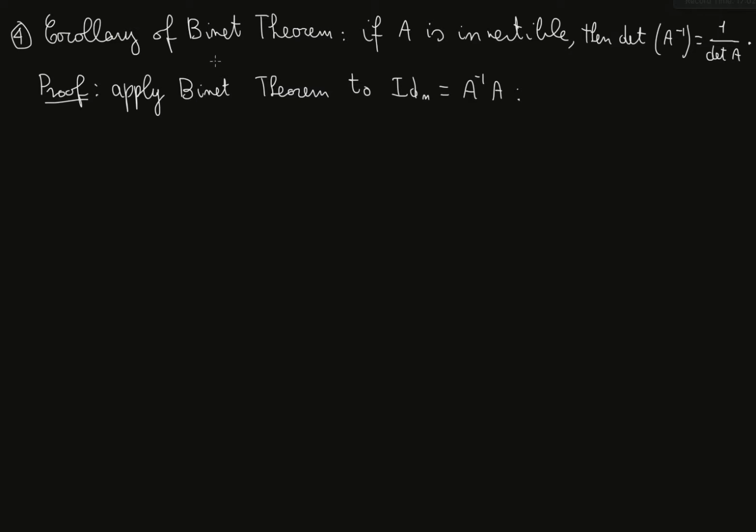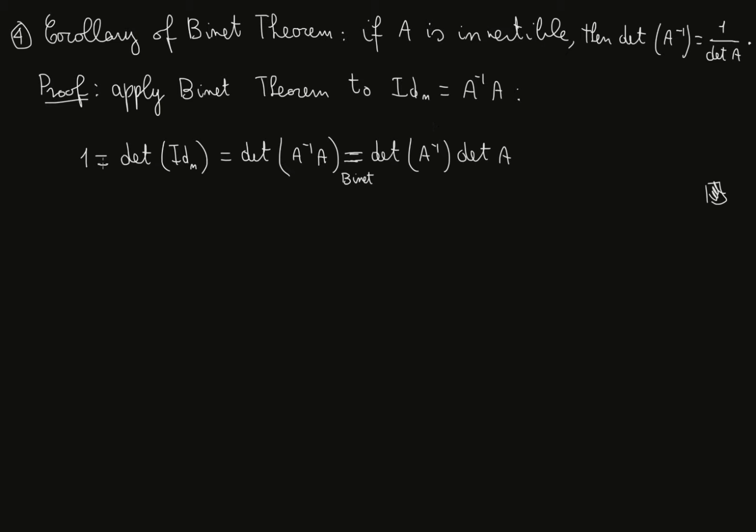In order to prove this corollary, we apply Binet theorem to the following identity. We have that the identity matrix on the left equals, by definition of inverse matrix, A^-1 times A. By Binet theorem, we get that the determinant of the identity matrix is 1. This is one of the defining properties of the determinant.